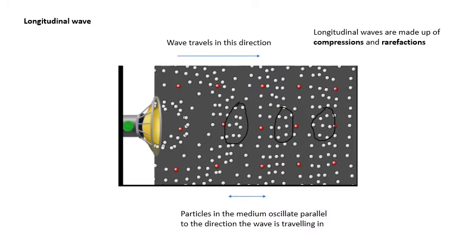In between them, there are places where there are a lot fewer particles. The particles are a bit rare, if you like, and they're called rarefactions. So in a longitudinal wave, you've got compressions and rarefactions. Remember that, you need to know it.